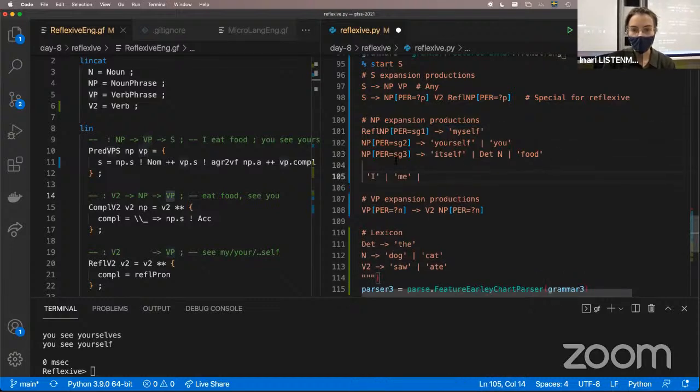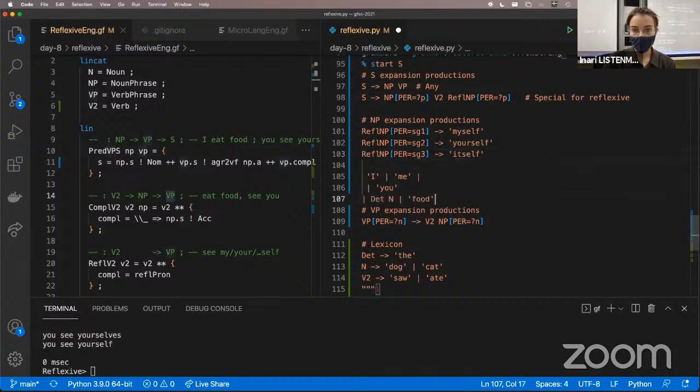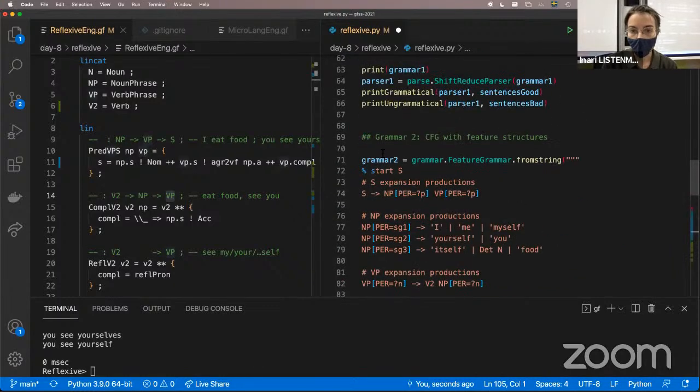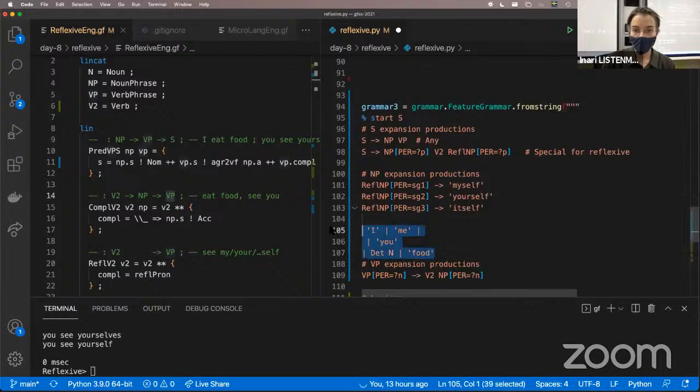I'll separate these. No clue what I'm doing, but see if this is enough.